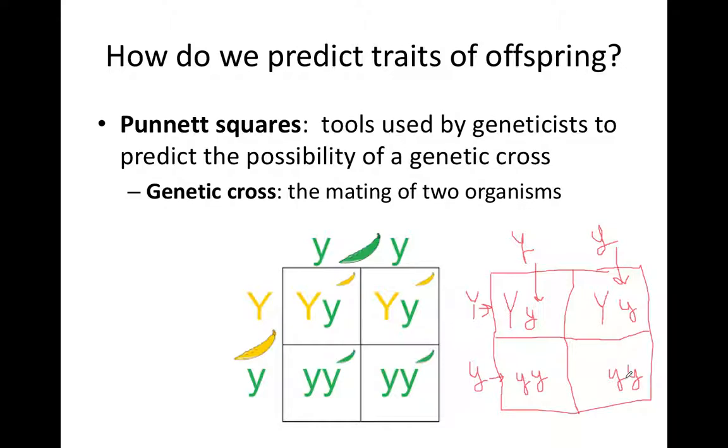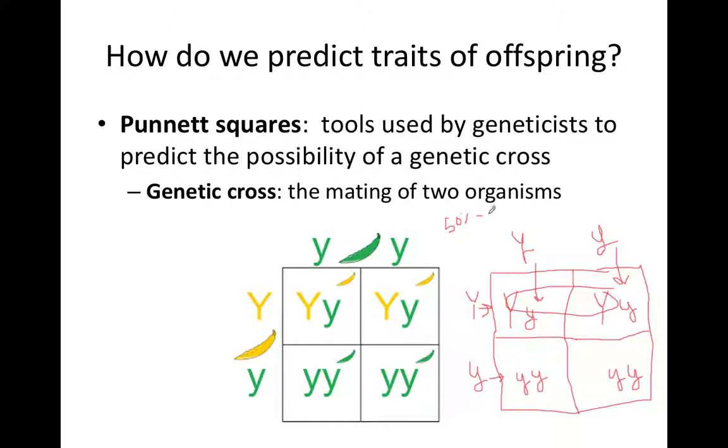So what the Punnett square shows us is just the probability of getting certain outcomes from a genetic cross. It does not tell us how many organisms or what they look like, it just tells us the probability. So in this case, if you cross a homozygous recessive green pod plant with a heterozygous yellow pod plant, you have a 50% chance of getting yellow pods because that heterozygous genotype that's right here, these are going to give us yellow pea pods.